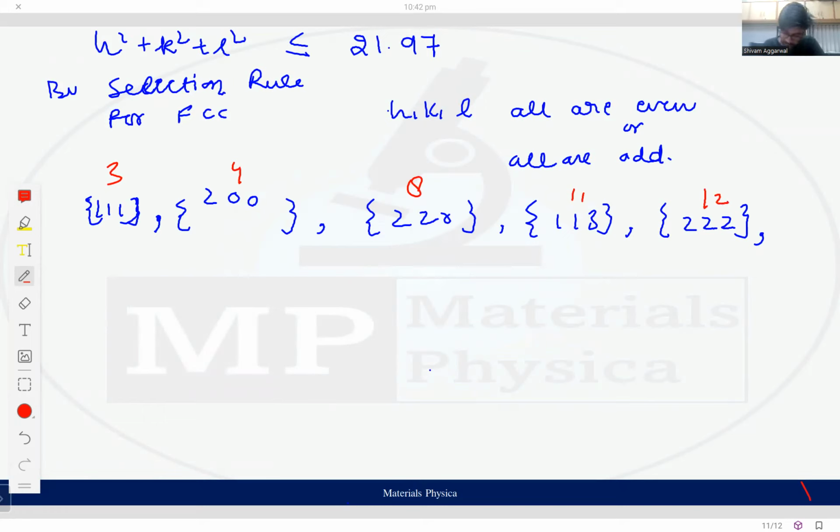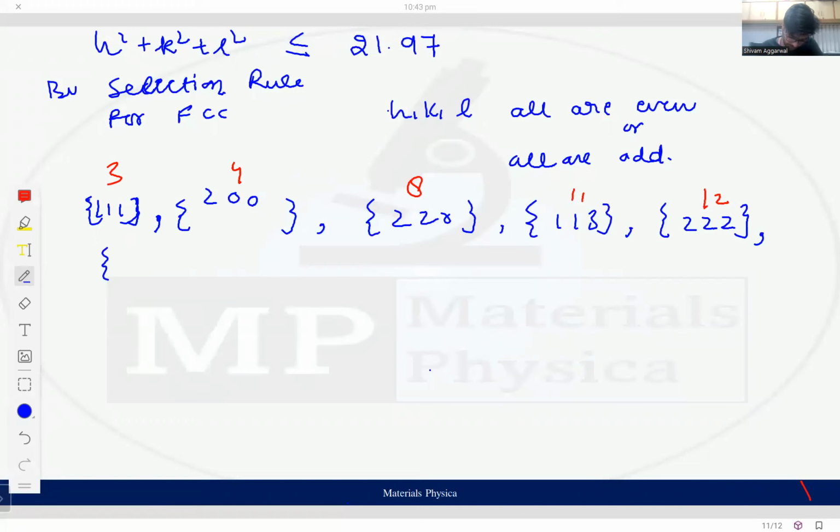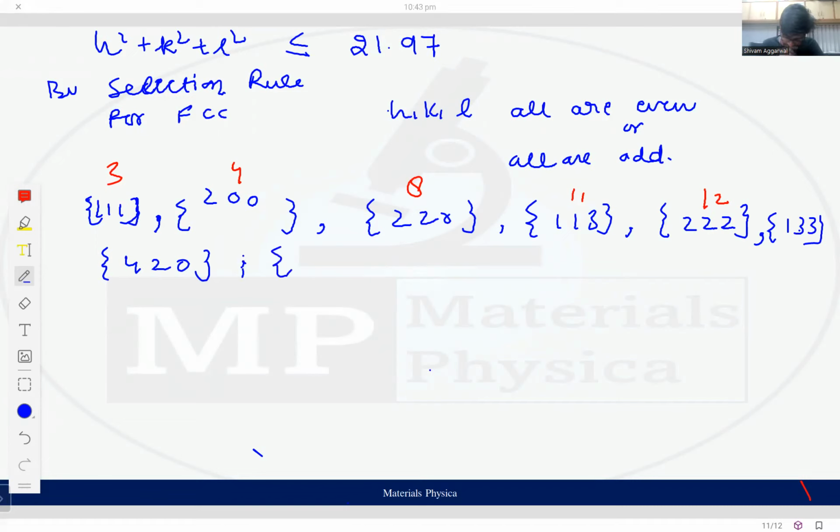And now check more. After that, there should be the family 420. Or before this, there should be 331, and after that there would be 422, and after that 333.